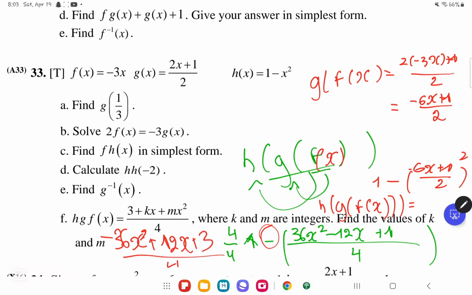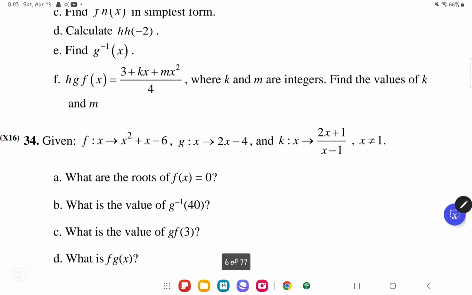Very simply. Why? Because I have a minus in front of it, I will have to distribute it to everything. After solving, you're going to get minus 36x squared plus 12x plus 3. So k is equal to 12 and m is equal to minus 36. Very simply, that is it for part F.